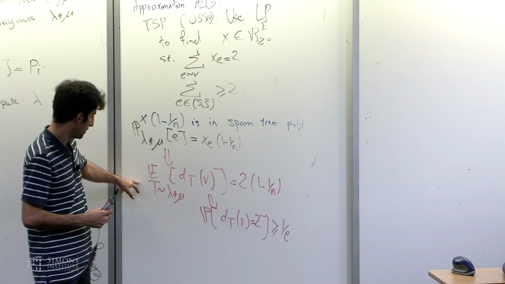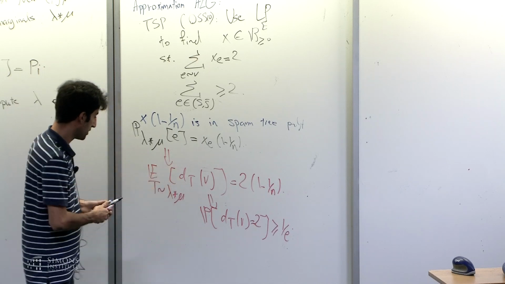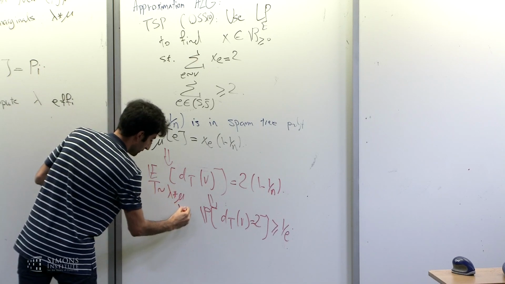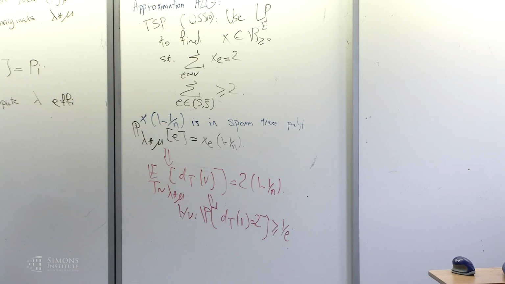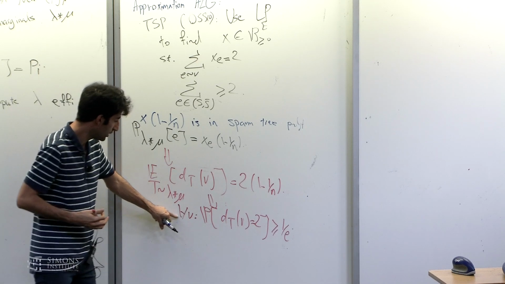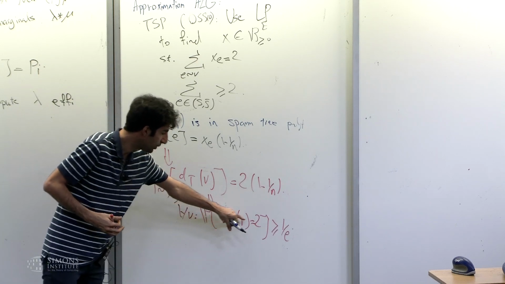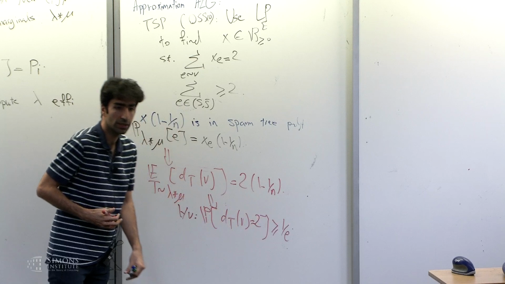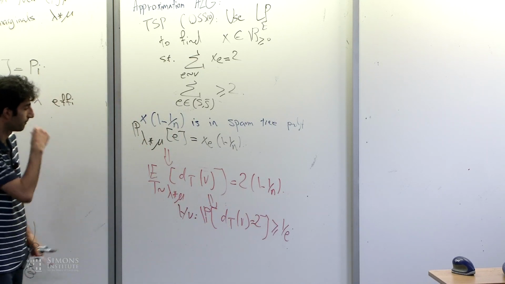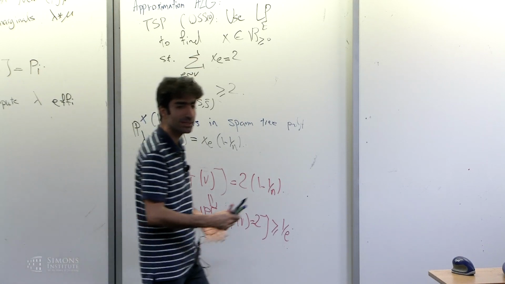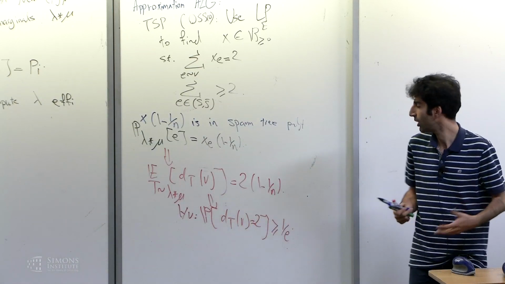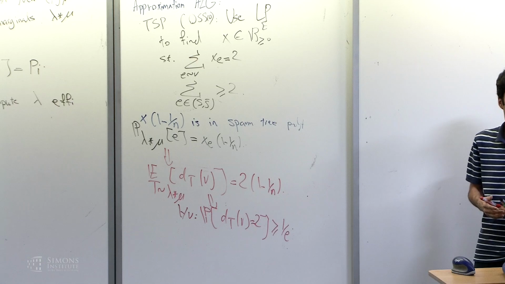Not the probability that it holds for every v simultaneously. For every v, the probability that the degree is equal to 2 is at least 1 over e. No miracles. In fact, a constant fraction of vertices, about a 1 over e fraction in expectation, will have degree 2.